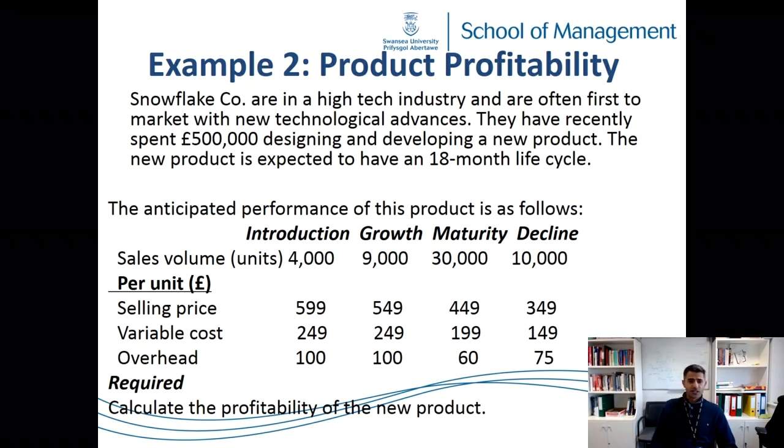The selling price at introduction is 599, then in growth 549, in maturity 449, and decline 349. As you see, by maturity the price will be reduced, the same with the decline stage.